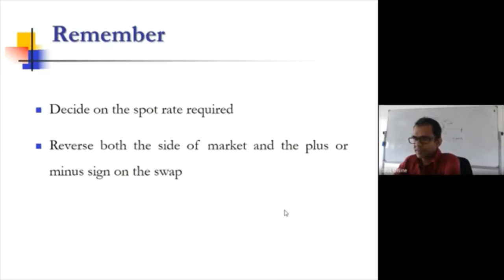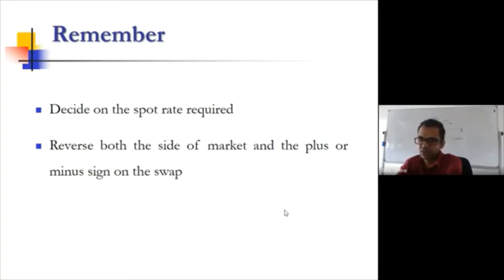So remember these things: decide on the spot rate which is required, whether you have to use the bid side or the offer side, then reverse both sides of the market swap points and change the sign, plus or minus, onto the other side.